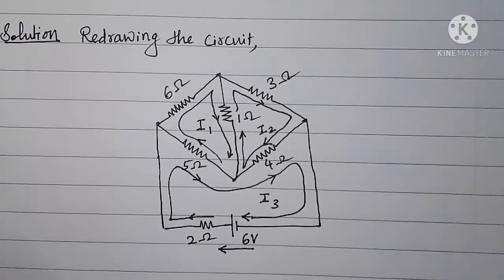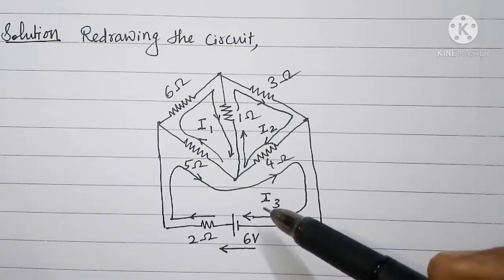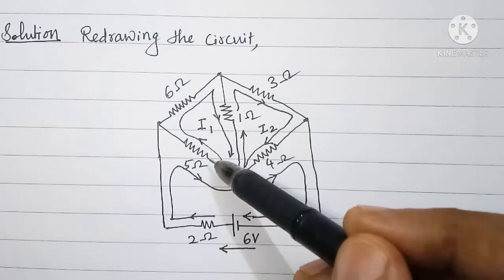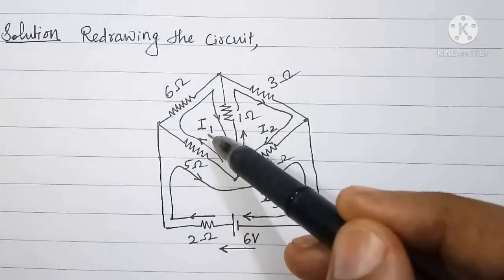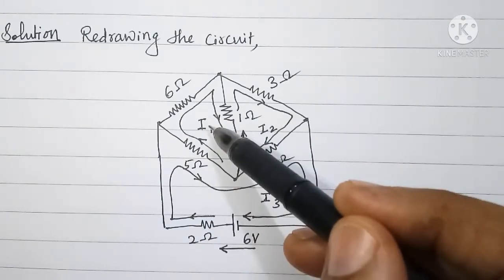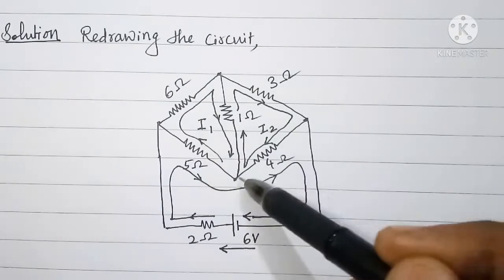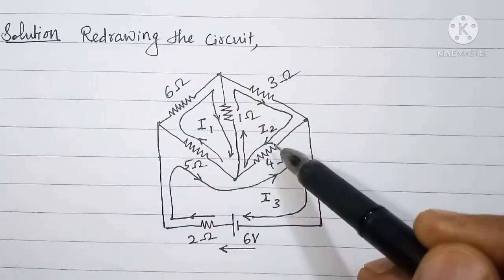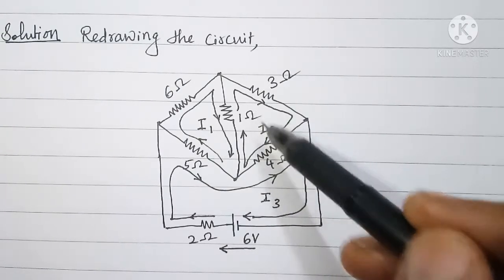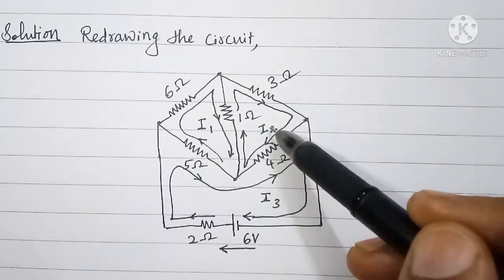Next we have to write the voltage drop in the resistor common to the third mesh and first mesh due to the first mesh current, that is minus 5I1. The voltage drop in the common resistor to mesh 2 and mesh 3, that is minus 4 into I2.